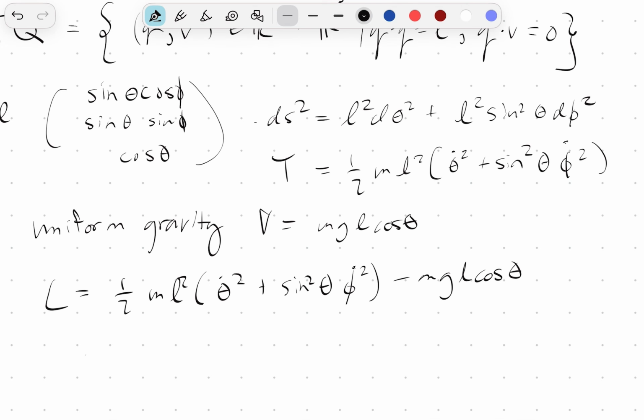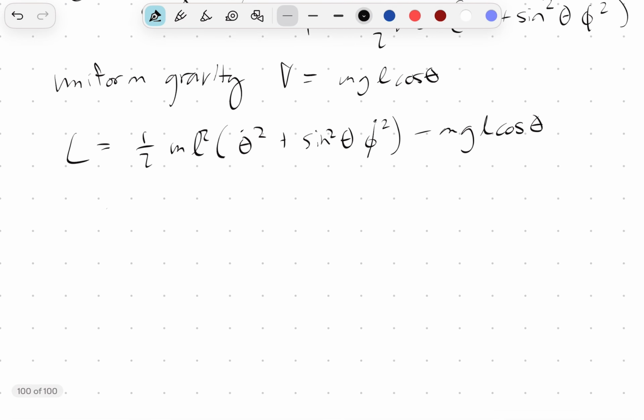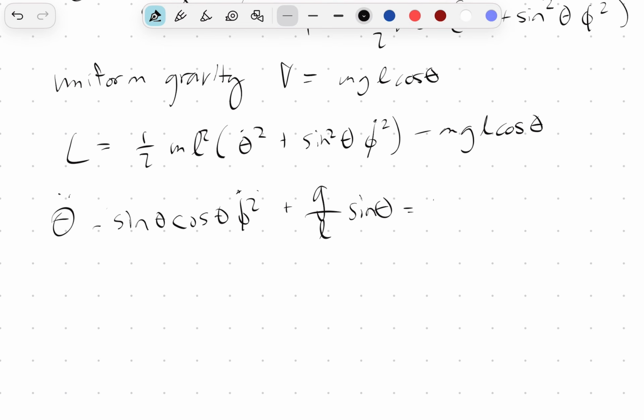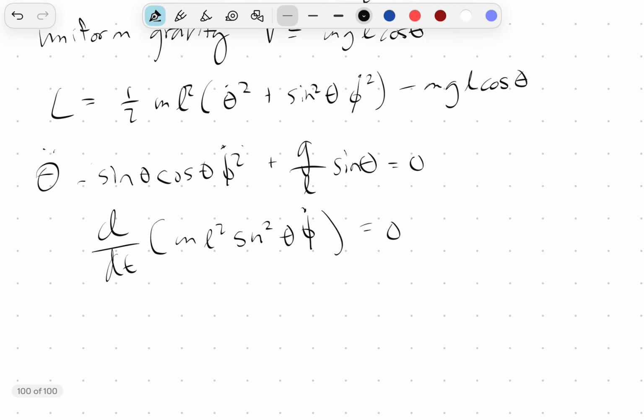And the equation of motion that survives the symmetry is going to look like theta double dot minus sine cosine azimuthal dot squared plus g over L sine theta is equivalent to 0, and the derivative of ml squared sine squared azimuthal dot, sorry, this, should be equal to 0.